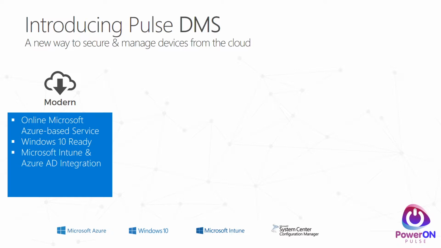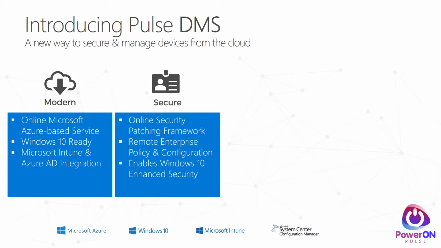This enables us to improve security and device management capabilities specifically for remote devices which rarely touch the internal network, which is a common challenge to organizations running on-premise Configuration Manager infrastructures. Pulse DMS is built on the Azure platform, Azure Active Directory, and Configuration Manager current branch, with integration into Microsoft Intune should a customer have this entitlement.